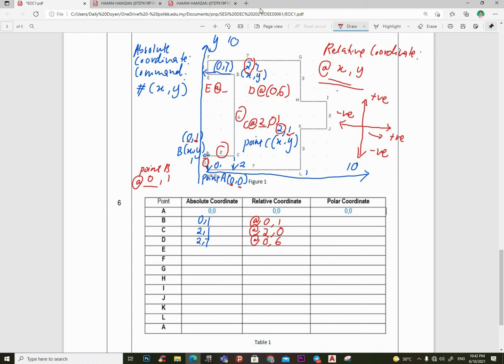So the value of X at point D is equal to 2, and the value of X at point E is equal to 0. So the difference is 2. But because the direction is heading to the left, you need to write down negative 2. And for y value, it is equal to 0 because there is no change. It is 7 and 7.